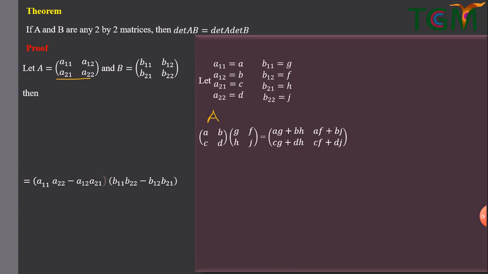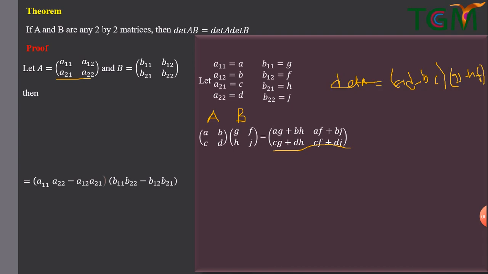The product of A and B is equal to this. Here the determinant of A is equal to AD minus BC, multiplied by the determinant of B, which is GJ minus HF.